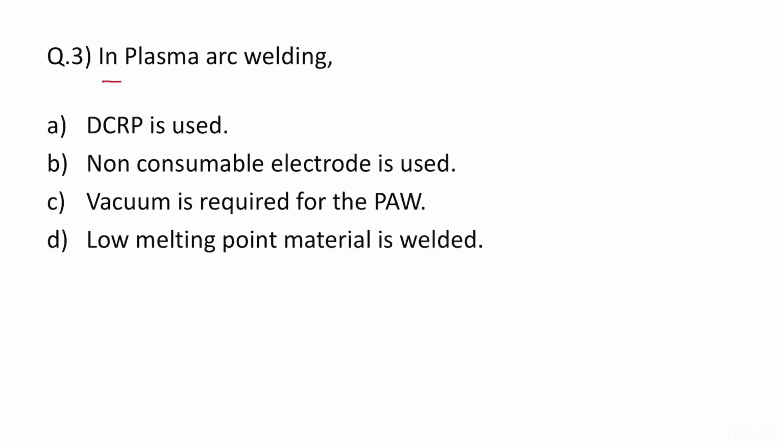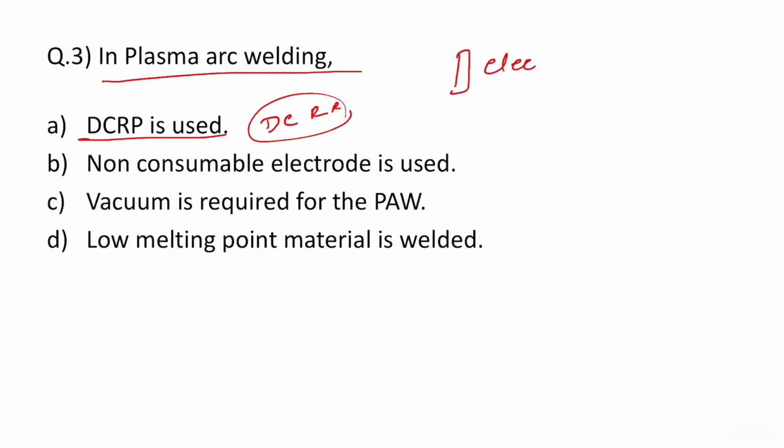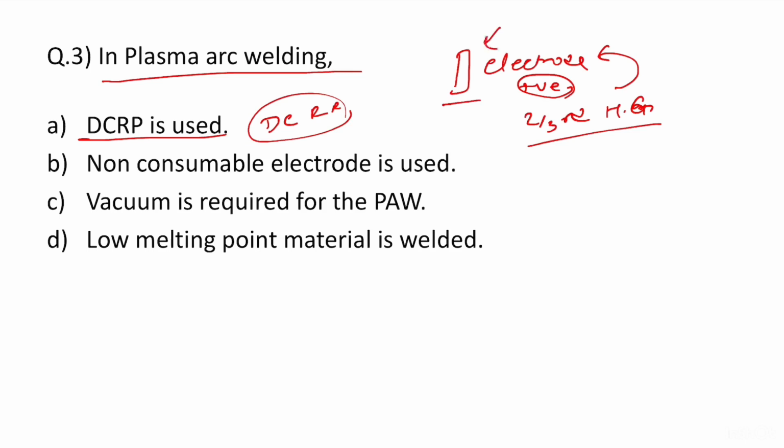Third, in plasma arc welding, DCRP is used. DCRP means direct current reverse polarity. In direct current reverse polarity, the electrode is positive. If the electrode is positive, 2/3 of the heat generation is on the electrode. So more heat is generated on the electrode, so there is a chance of erosion, or we are using a non-consumable electrode.